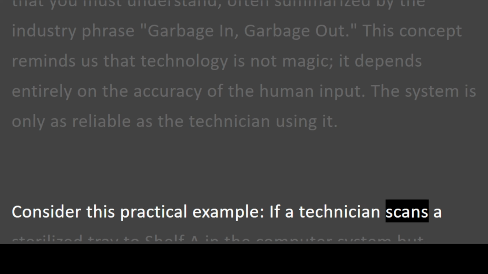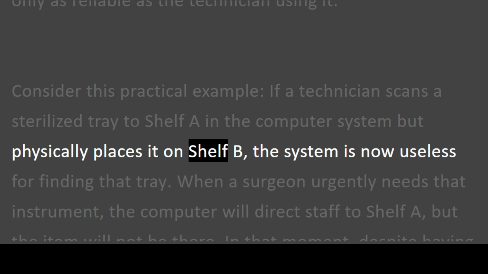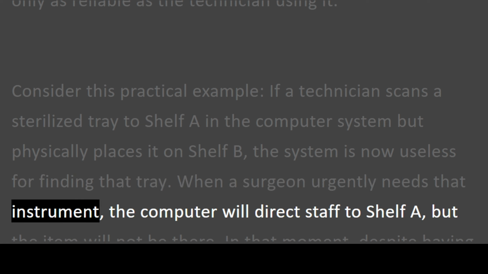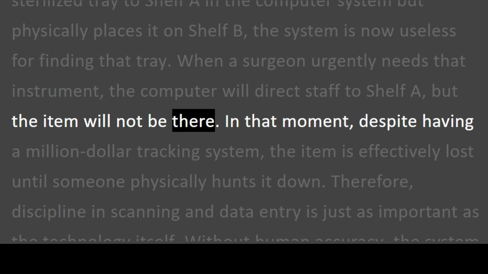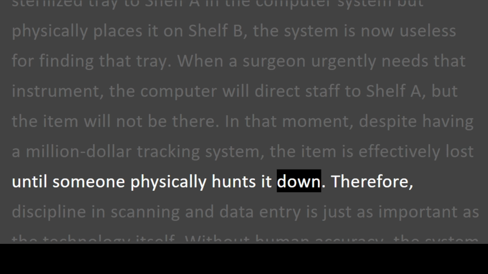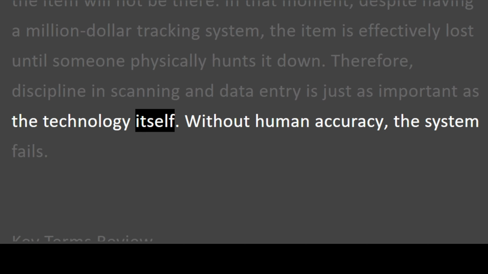If a technician scans a sterilized tray to shelf A in the computer system but physically places it on shelf B, the system is now useless for finding that tray. When a surgeon urgently needs that instrument, the computer will direct staff to shelf A, but the item will not be there. In that moment, despite having a $1 million tracking system, the item is effectively lost until someone physically hunts it down. Therefore, discipline in scanning and data entry is just as important as the technology itself.